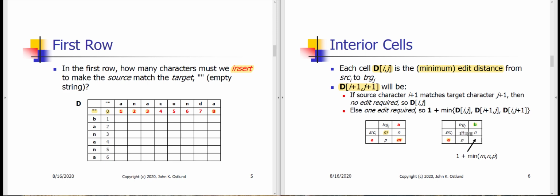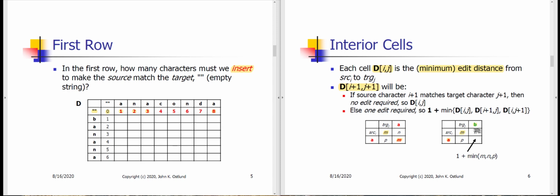Each of these other cells is the minimum edit distance required to get the source prefix to match the target prefix up to this particular row and column. So M in this little diagram tells me how many edit operations I would have to perform in order for the source to match the target, with the source up to row i and the target up to column j.